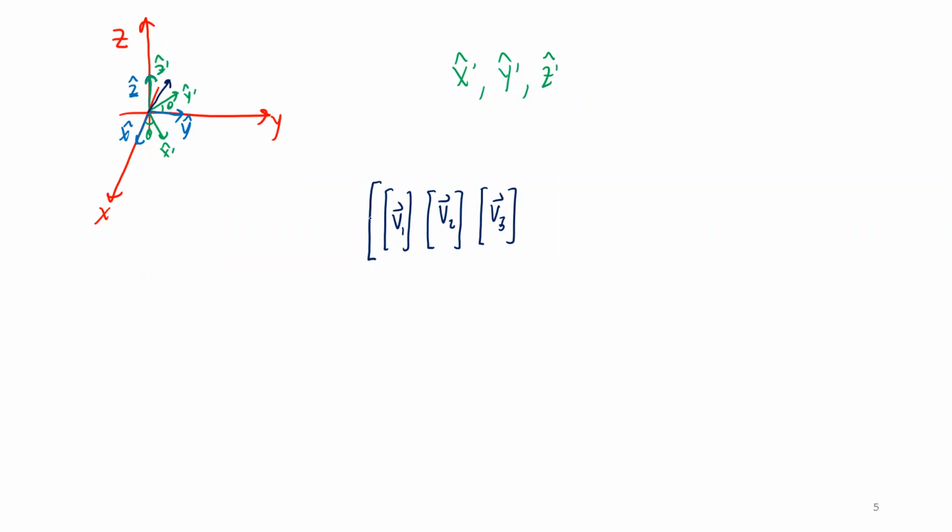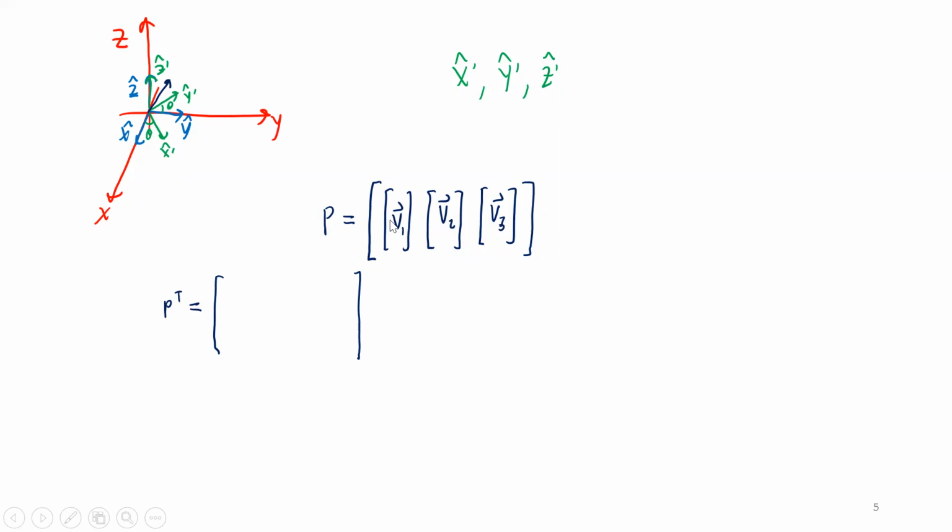What I'm going to do is define a matrix P, which is formed by putting the three vectors that I gave you into three columns. And then you also consider the transpose of P. So what is the transpose of P?